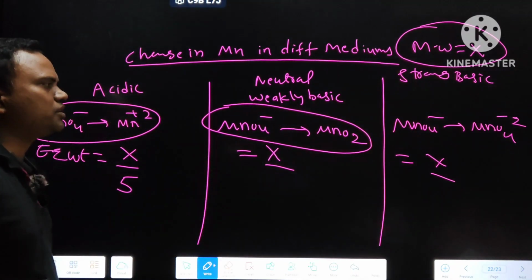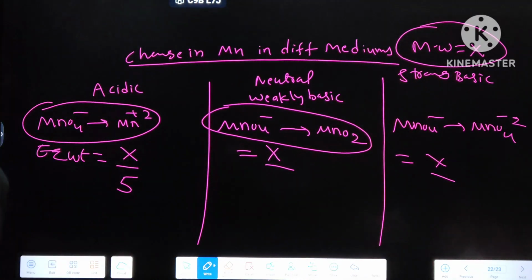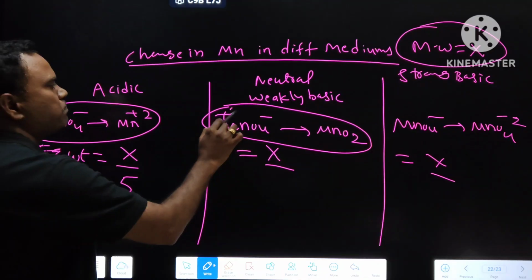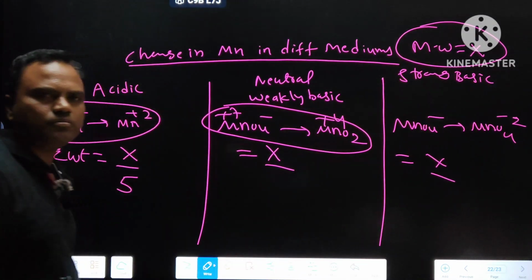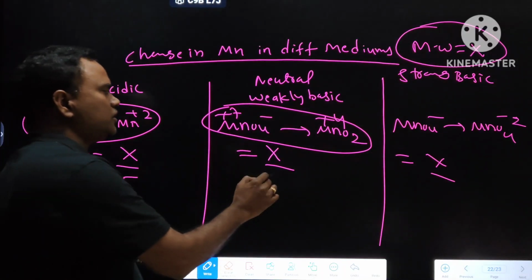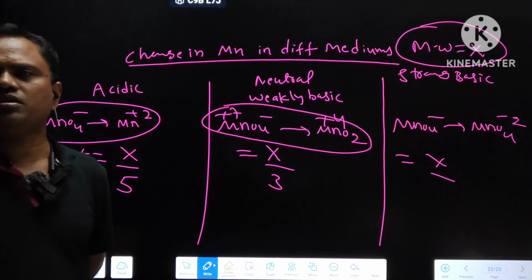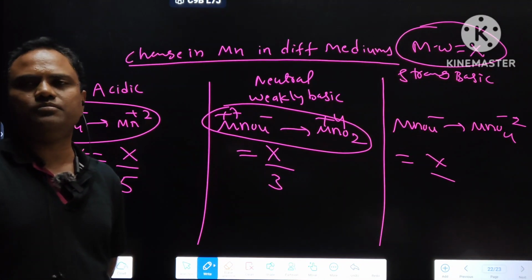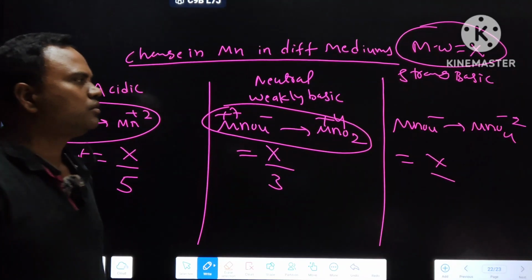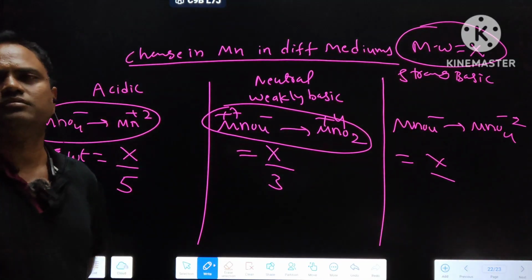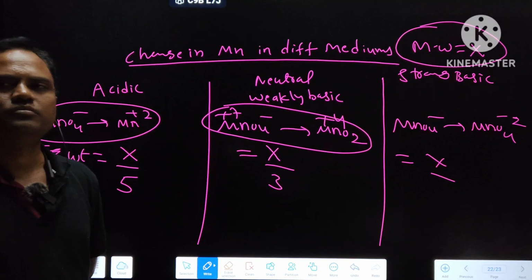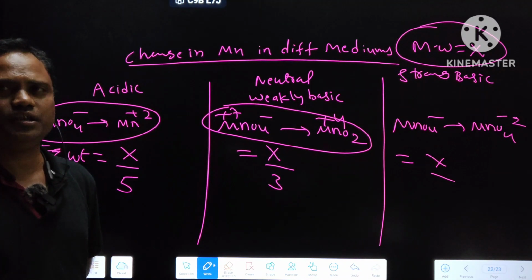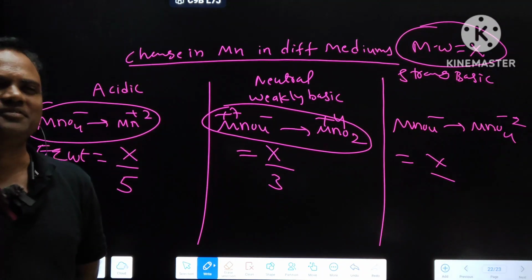In neutral medium or weakly basic medium, it is X by 3, from +7 to +4 in MnO2. In strongly basic medium or alkaline medium, it is X by 1.